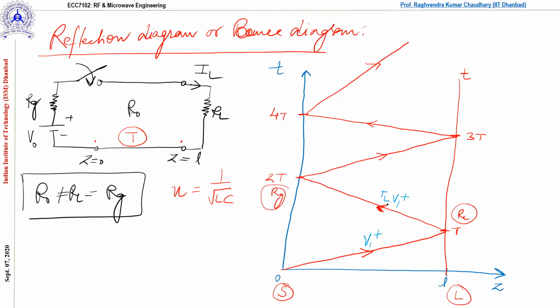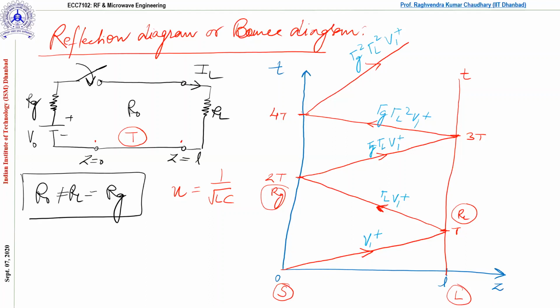When it reaches the source, it again gets multiplied by gamma G, the source reflection coefficient, and the overall term is gamma G gamma L V1 plus. And it keeps going on, gamma G gamma L V1 plus, and the last one we can take is gamma G squared gamma L squared. These terms are sufficient to make some conclusion. Otherwise, you can take more terms as well.